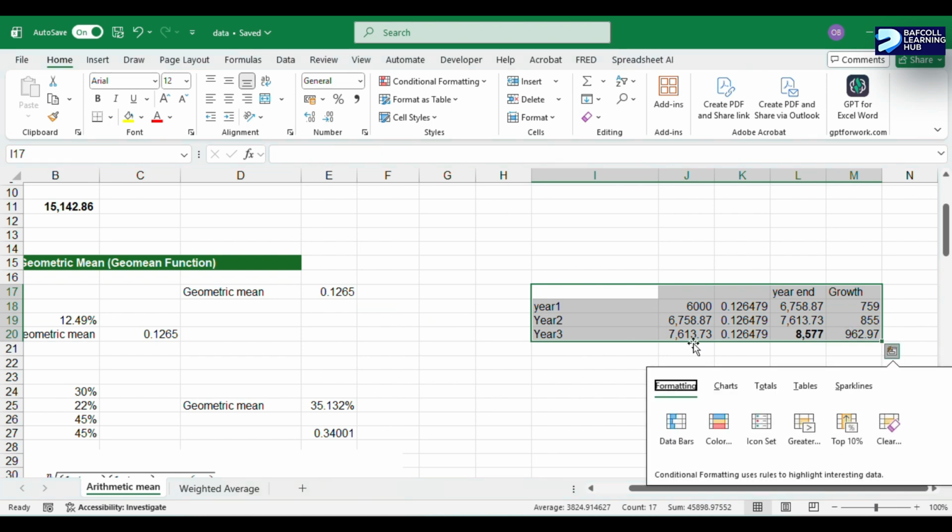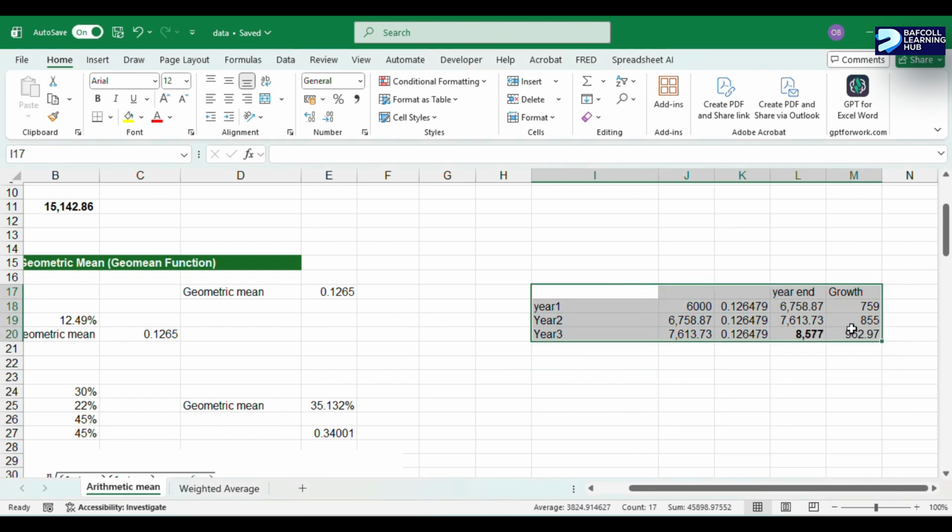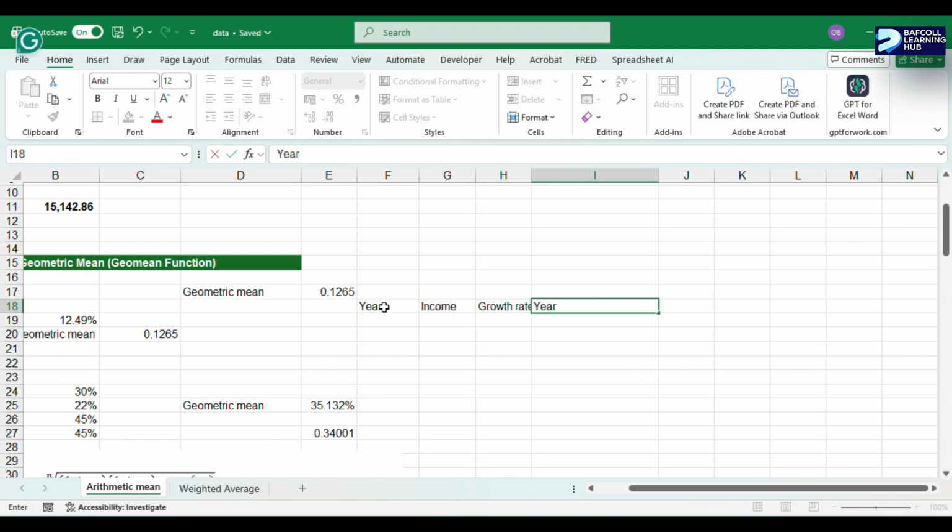Let me just delete this and start everything all over. Let's say we have the years, and the income for that year, then the growth rate, then the year end balance.